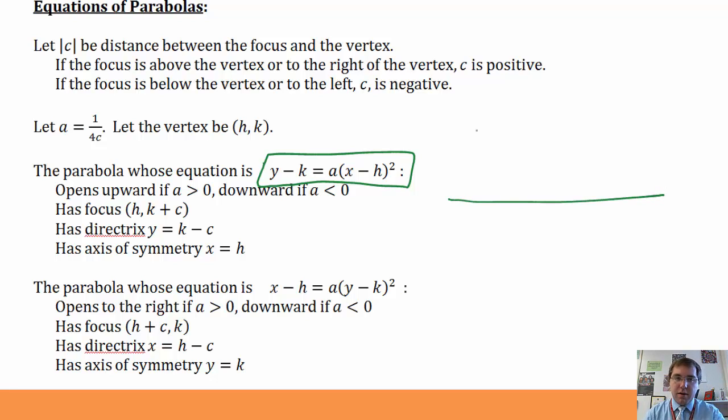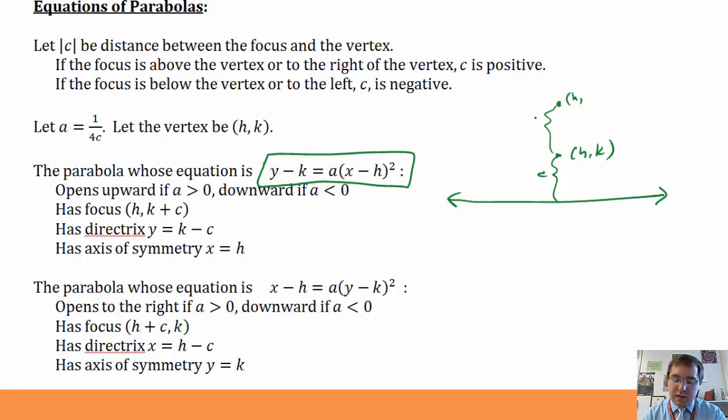Let's say this parabola opens upward, and let's say here's my vertex at h, comma, k, and here's my directrix, this line here. Then the focus is going to be up here, where the x-coordinate is the same as the vertex, and the y-coordinate is whatever k is plus the distance from the vertex to the directrix, because I have to go up the same distance.